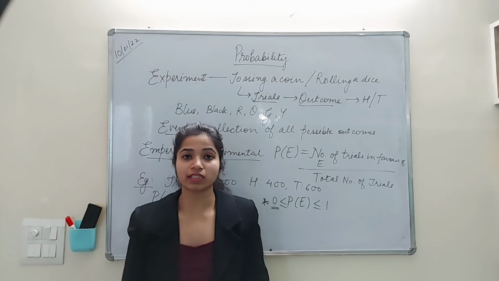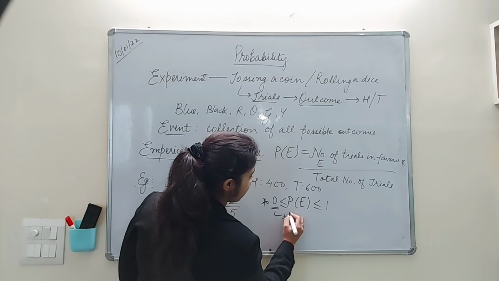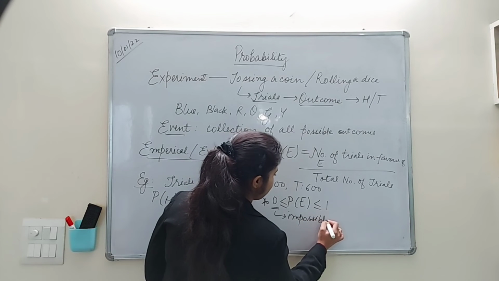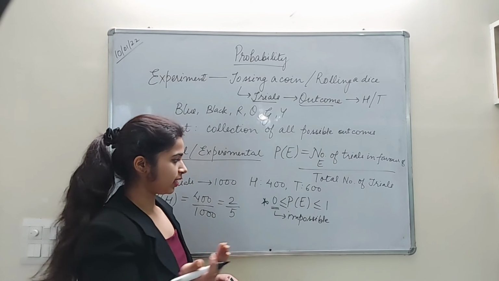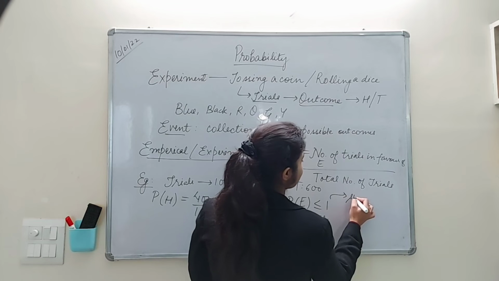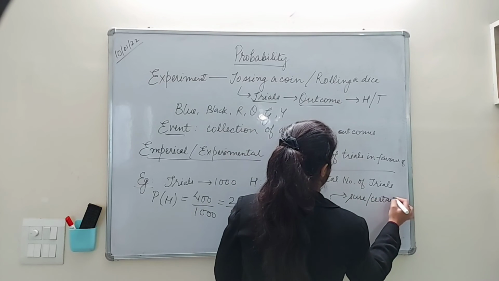That means the event will not happen. That means it gives us an impossible event. And if the probability is 1, that means the maximum probability. What does that mean? That means that the event is a sure or certain event. This will happen for sure.